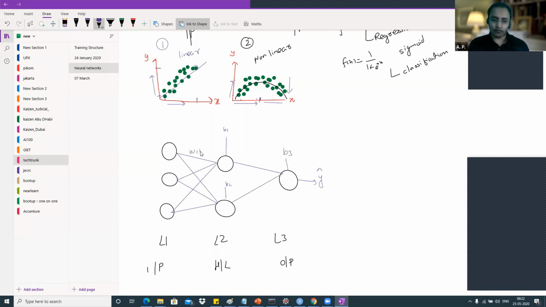Let's say weights W11, W12, W21, W22, W31, W32, and W41, W51.